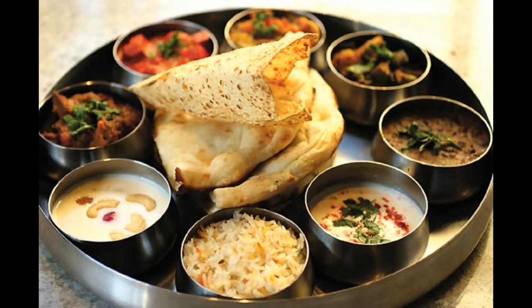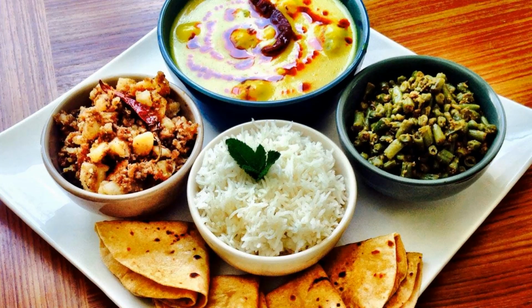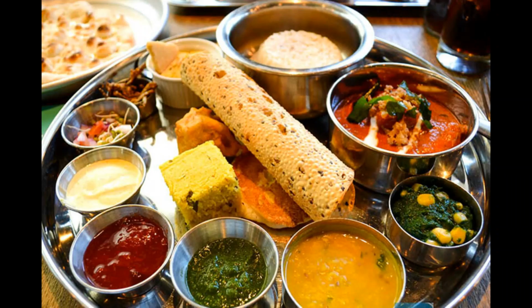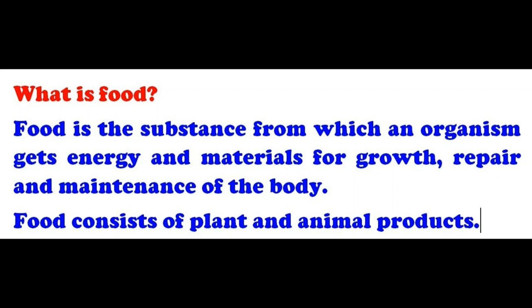Let us recap a little. Food. You know, there are lots of varieties of food habits, particularly in a vast country like India. What is food? Food is the substance from which an organism gets energy and materials for growth, repair and maintenance of the body.